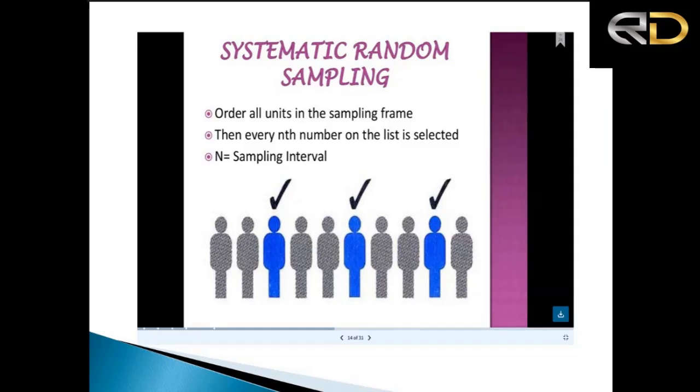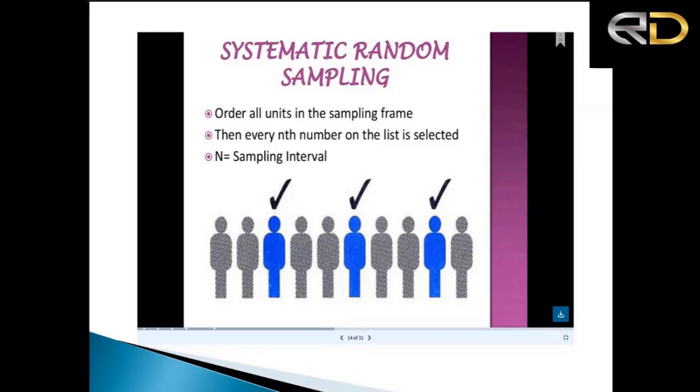Suppose it is available, then we generally use systematic random sampling, and in most government plans we use it, because here only one unit is selected randomly, and the rest of the units are automatically, systematically selected. That is why it is named systematic random sampling.